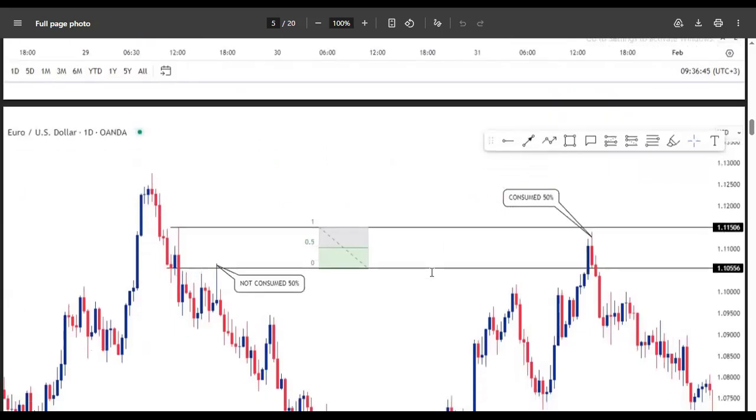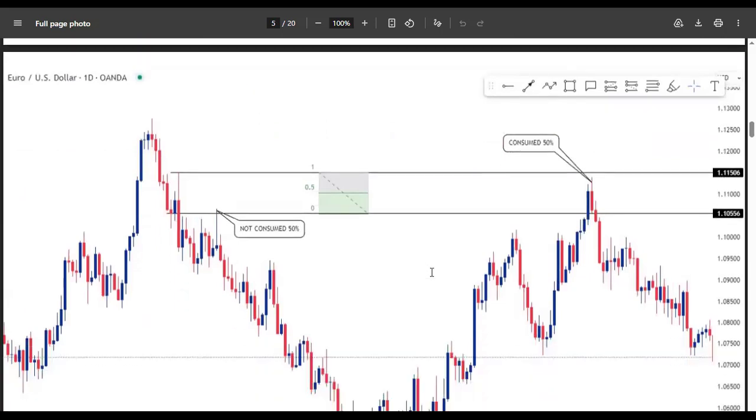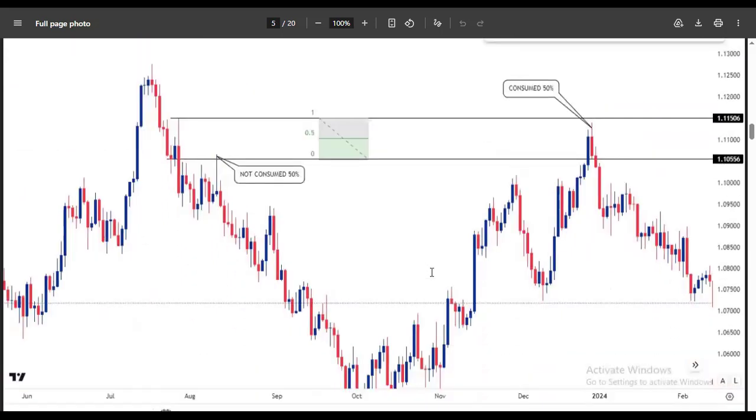Another example, we can see this one here. We had our shift below here, and we have several formations. This one was consumed. This one was not consumed, but also this first formation was consumed, but not 50%. You can see that.